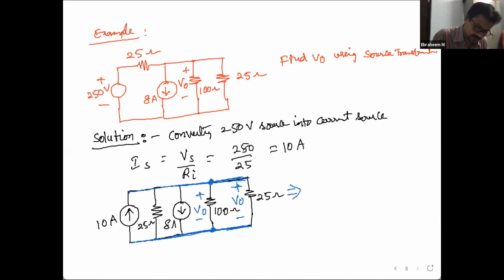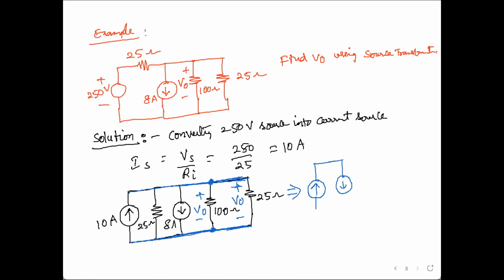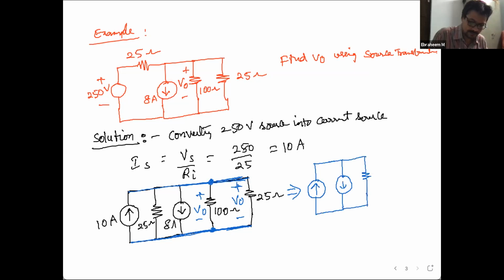So I will redraw this circuit like this for your understanding. This is all a single node, right? These are all across 2 nodes, right? I will draw this 25 ohms here and this 100 ohms here, and the load resistance is 25.